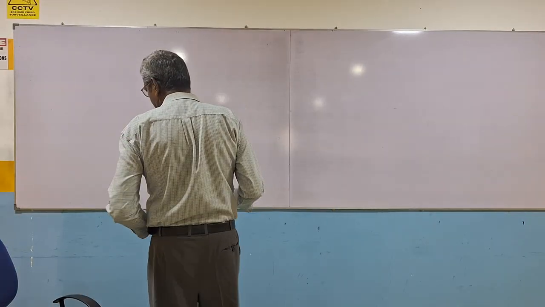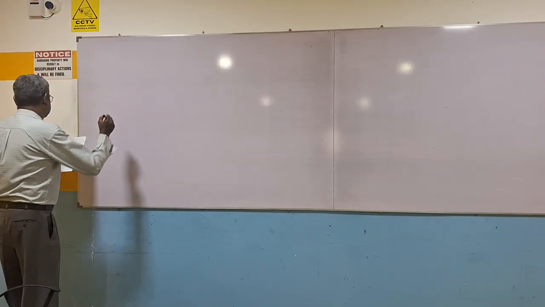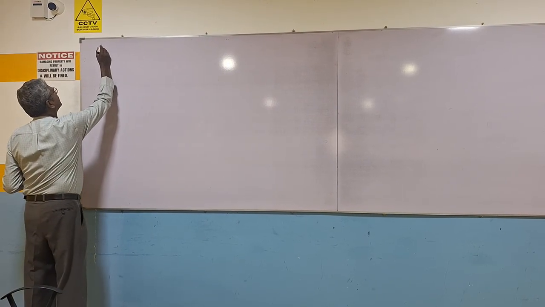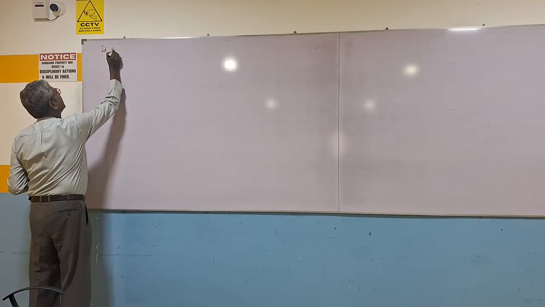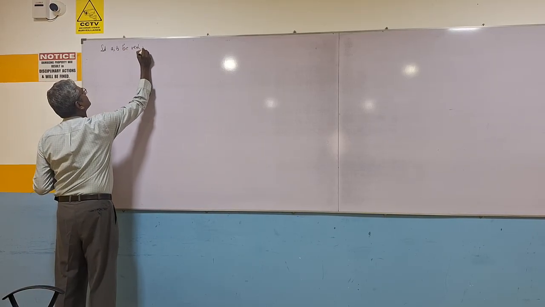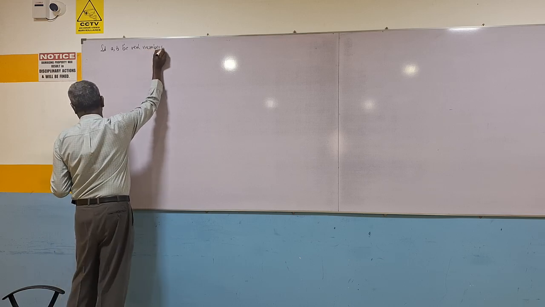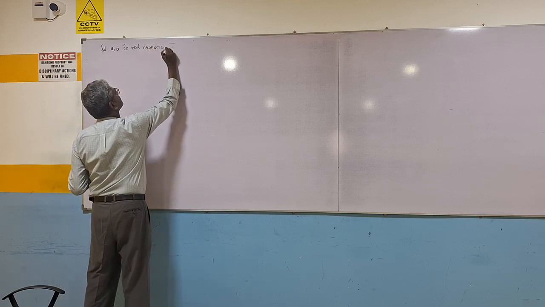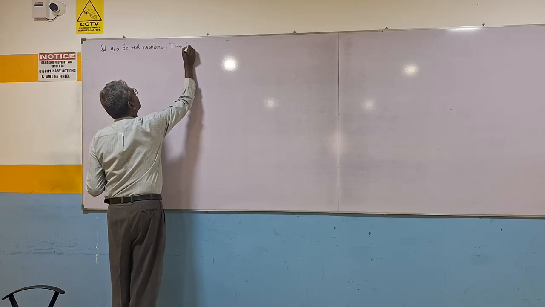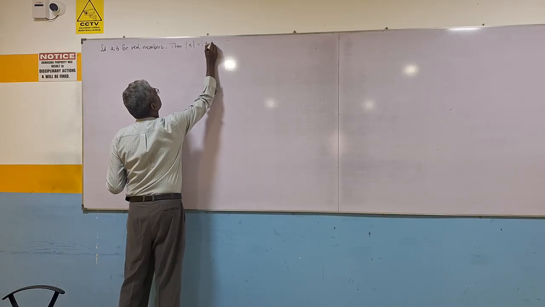So what we are going to prove, I will write all of them. First, these are also important. Let A, B be real numbers. Then |A| is equal to |A minus B plus B|.